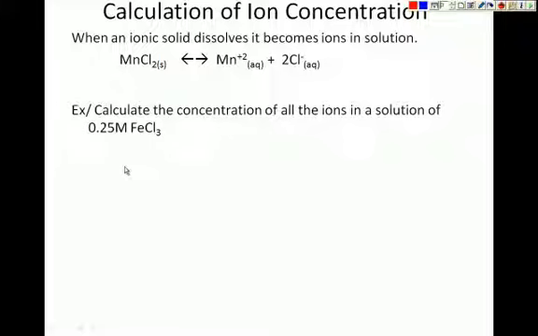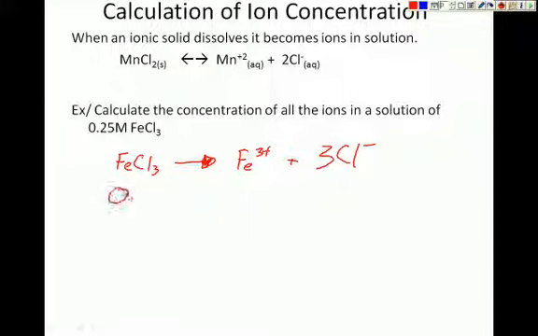So what we would see is if we have iron 3 chloride, FeCl3, and that would dissolve and make Fe3 plus and 3Cl minus.